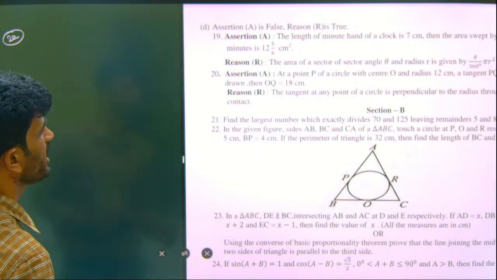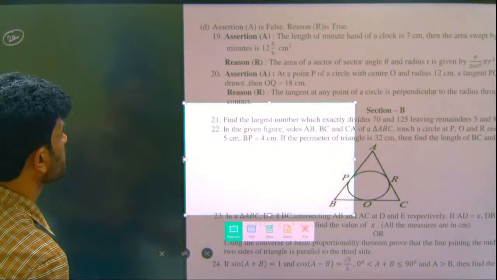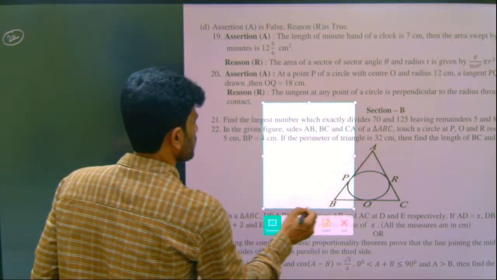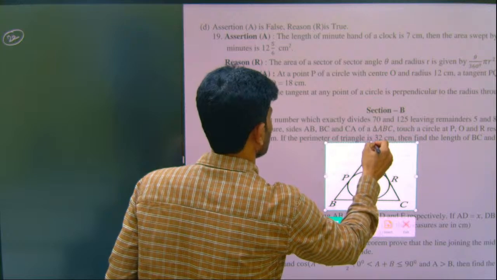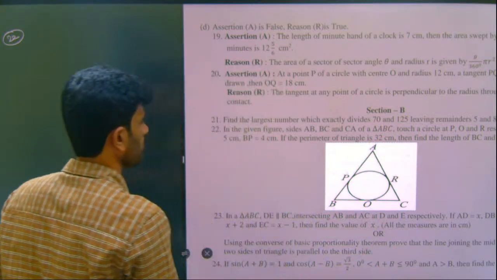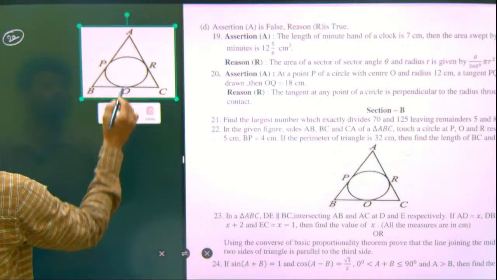What is given: AB, BC, CA, and perimeter is also given. So what information we know here?